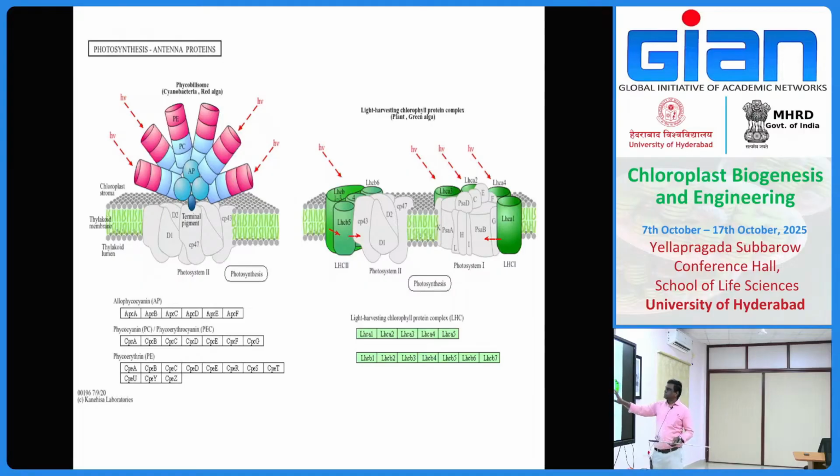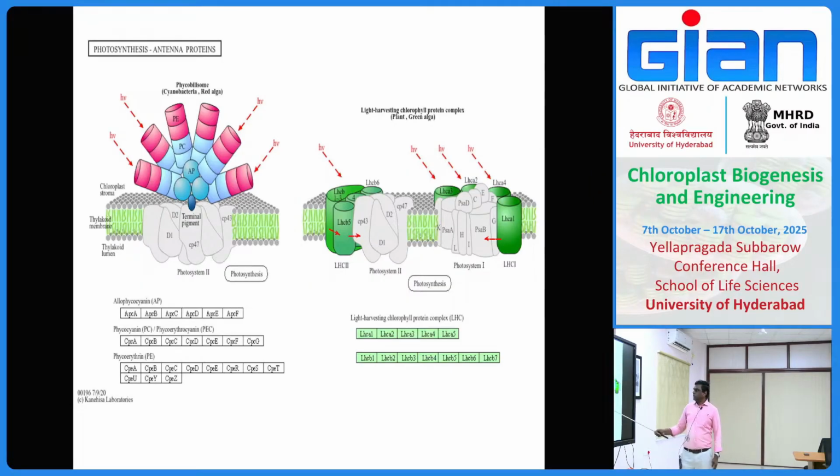Similarly, you have photosystem 1. The number of light harvesting complexes varies from plant to plant, and algae have more light harvesting complexes because they live in deep water or sea water, where they require more light harvesting complexes. That's why they have more.